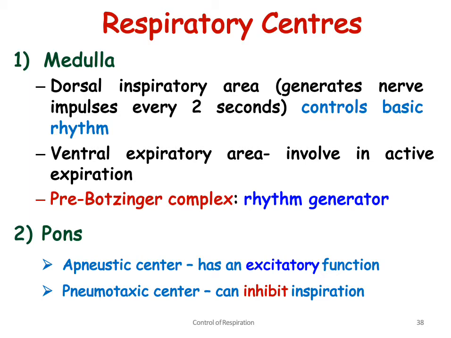The second part of the central controller is the pons, which has two sub centers, which are the apneustic center, which has an excitatory function, and the pneumotaxic center, which can inhibit inspiration.